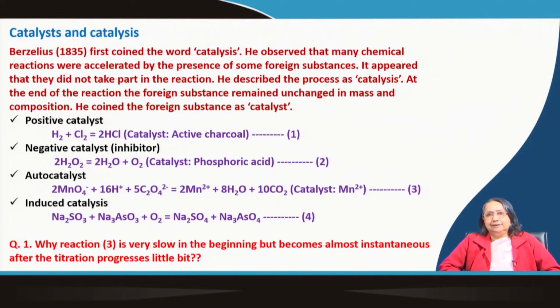Now, autocatalysis, it is a very good experiment. Okay. It is the experiment of determination of the strength of permanganate. You know that permanganate KMnO4 is a pink colored substance, and when the solution is prepared, it is a pink or purple colored solution, and even if you take the proper weight and prepare the solution, the strength is not the actual strength.